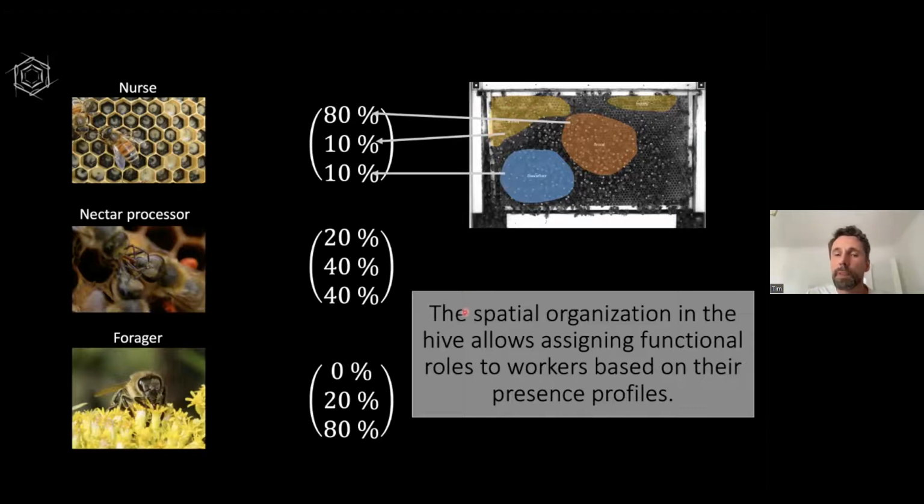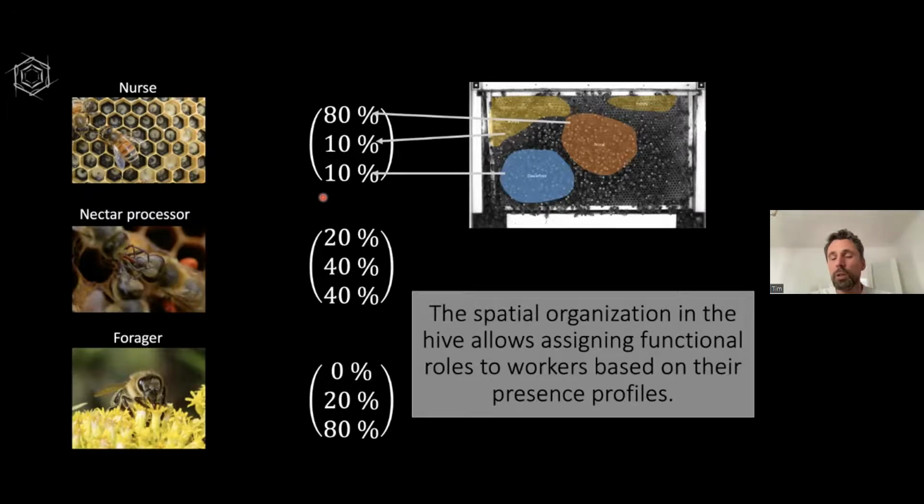And so this is great in bees. And our question in the following was, what if we had a system that would not have such a rigid spatial organization, or would have an unknown spatial organization? What could we do to determine the task of an individual, given the only thing that we have, which is social interactions?